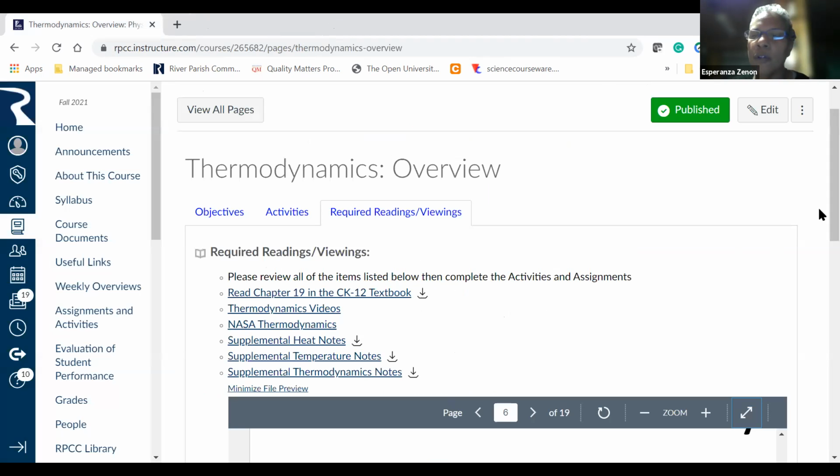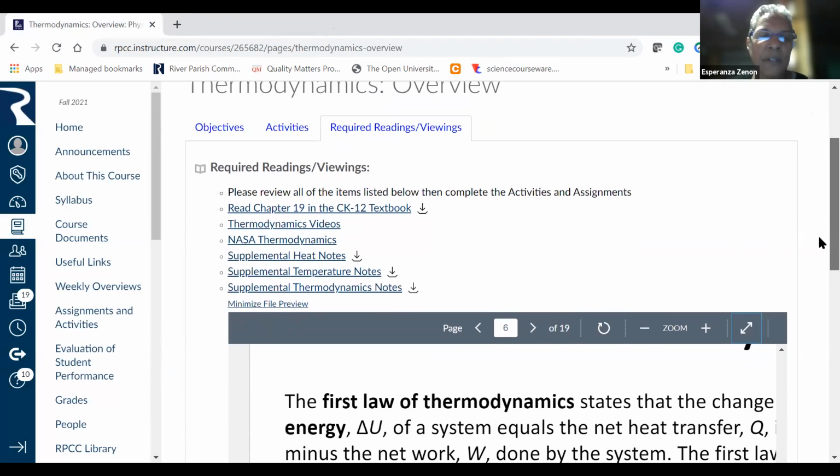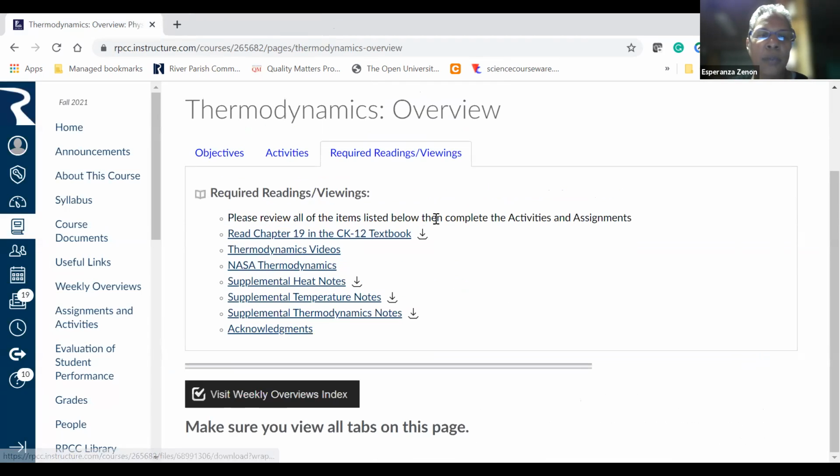So again, all of those resources that I just covered are available in the readings and required viewings. I would take a moment, go back, look through your textbook material, check out some of the videos that I bookmarked for you in Khan Academy. And then, of course, go back and review the notes that I provided for you.